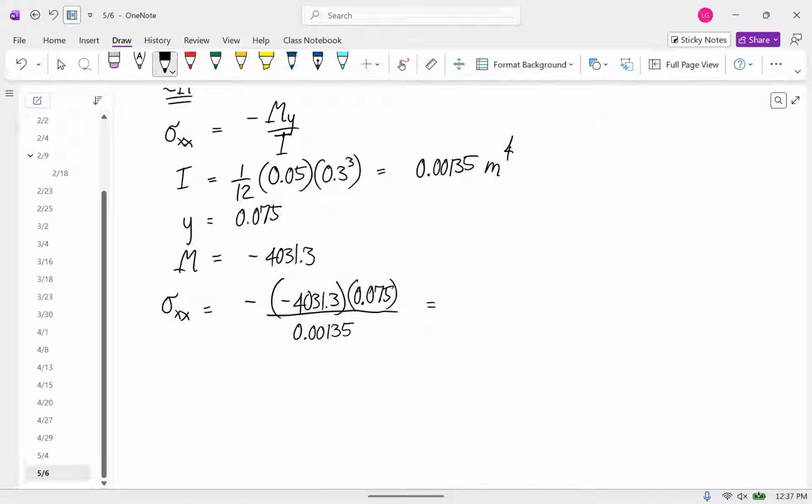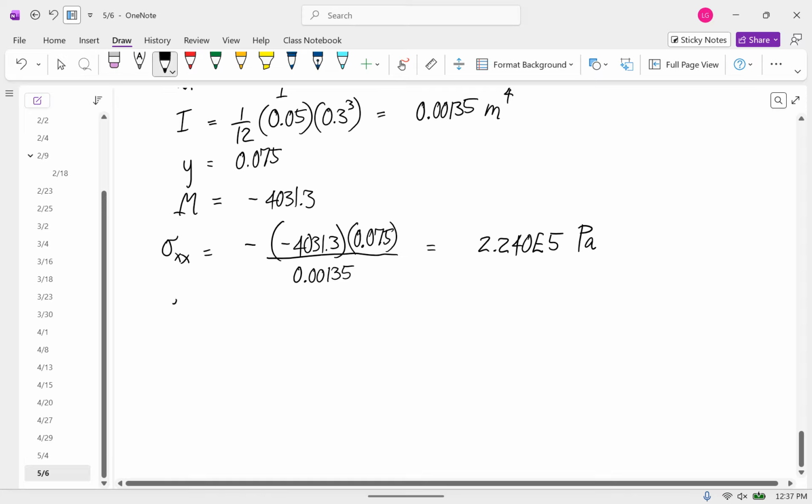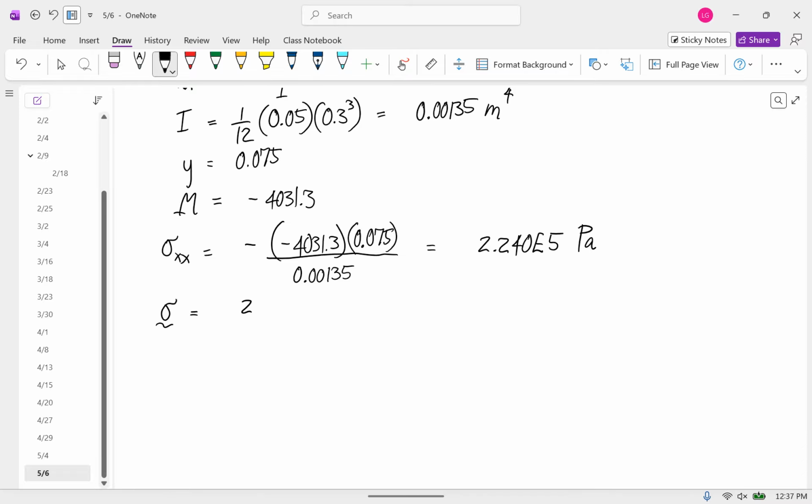And that is 2.240 times 10 to the 5 pascals. So our stress tensor so far is 2.240 times 10 to the 5, and zeros everywhere else.